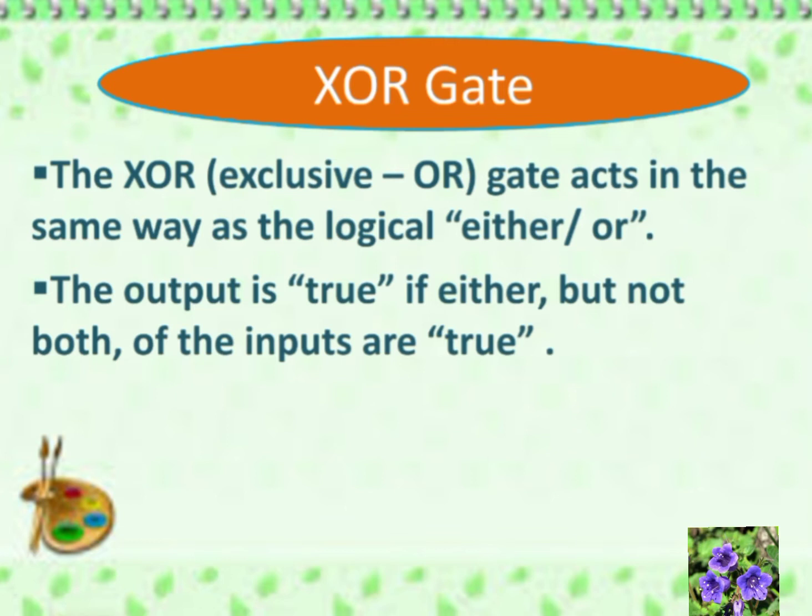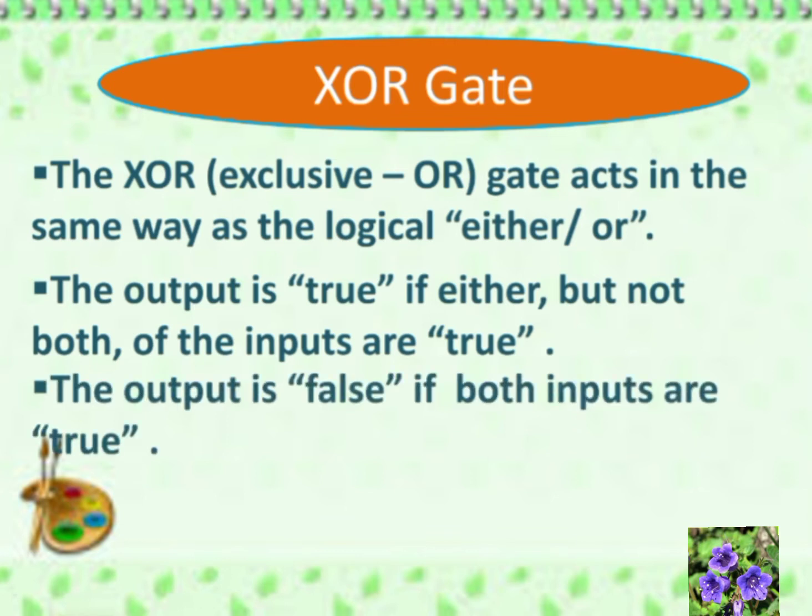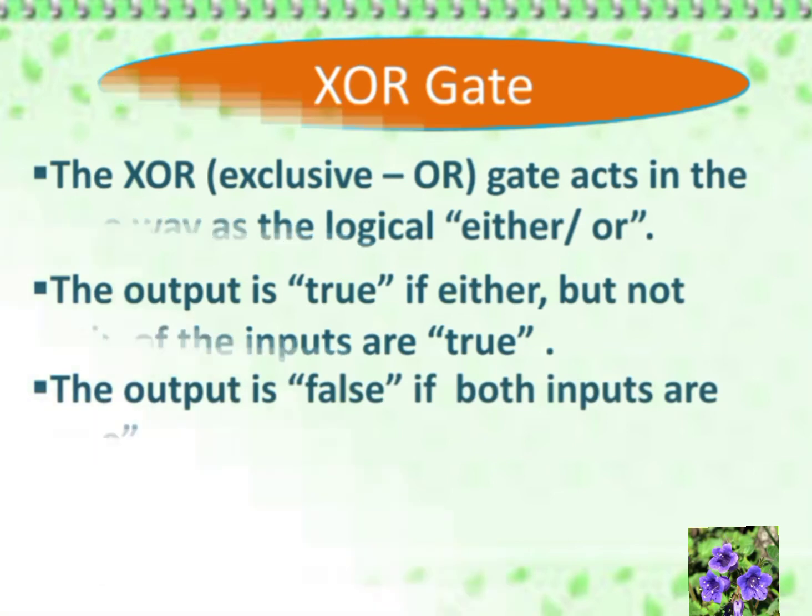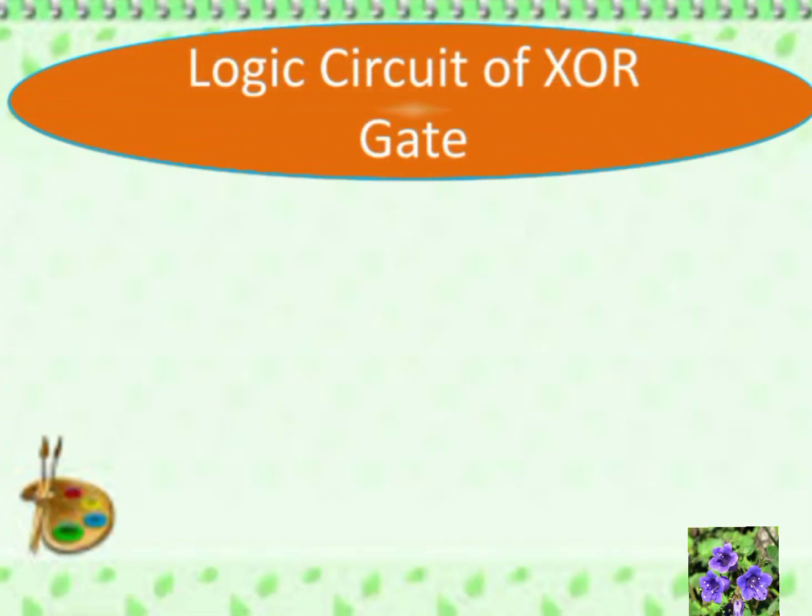If both inputs are the same, if both inputs are true or both inputs are false, the output is false. So another way of looking at this circuit, we can conclude the output is 1 if one input, and only one, is true. Clear, children?